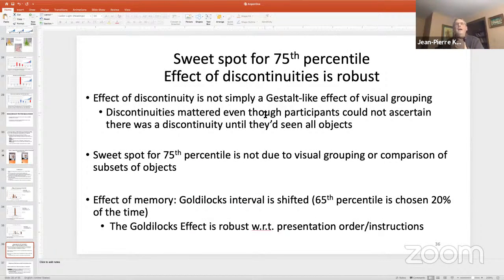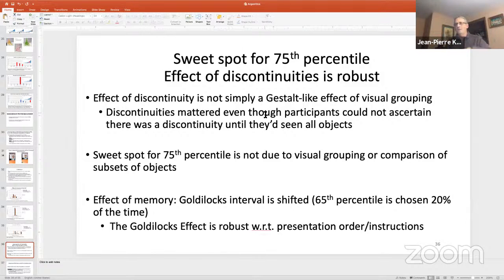So we conclude that the effect of discontinuity is not simply a Gestalt effect of visual grouping. And I want to stress this, because it took Sanjay and me a while to realize that this is an interesting effect, namely that discontinuity mattered even though participants could not ascertain whether there was a discontinuity in height among the 20 objects until they had seen all objects, since we rotated randomly across participants which object they saw first.